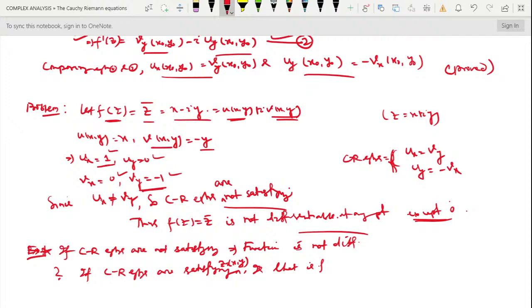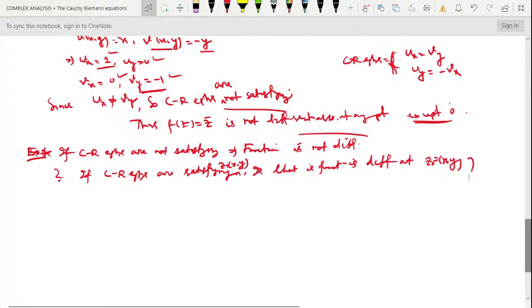So if the CR equation is satisfied, is it differentiable? The answer is no. In general, it is no.